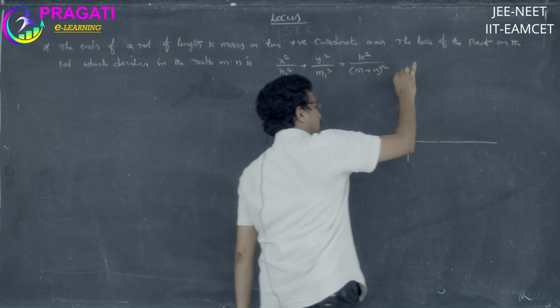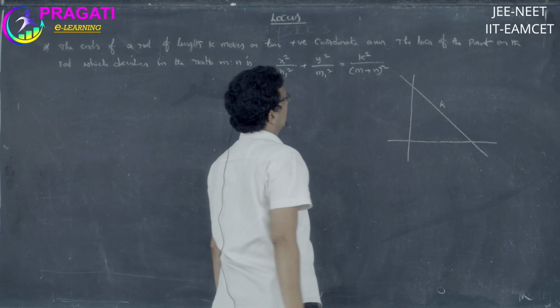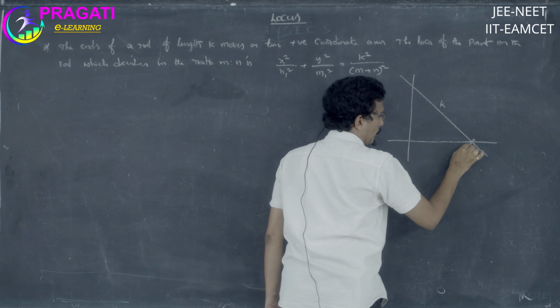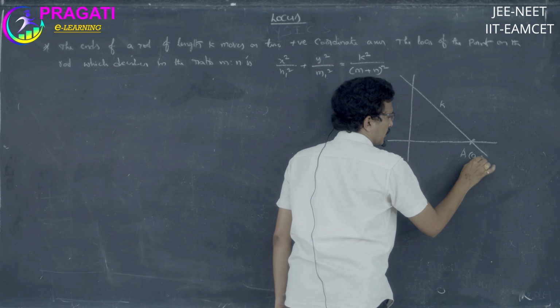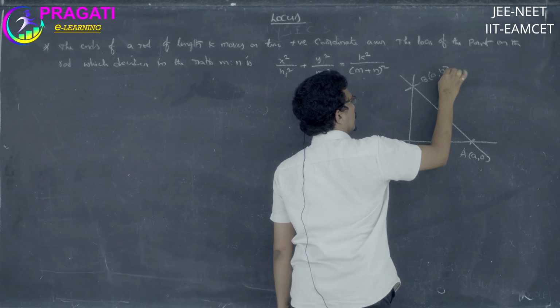A rod of length k, two positive coordinate axes. Here one of the points is (a, 0), and another point is (0, b).